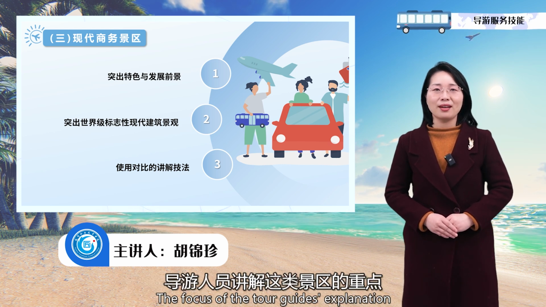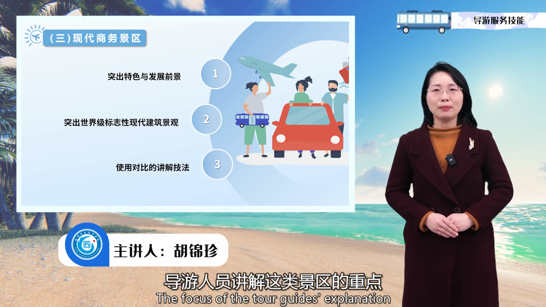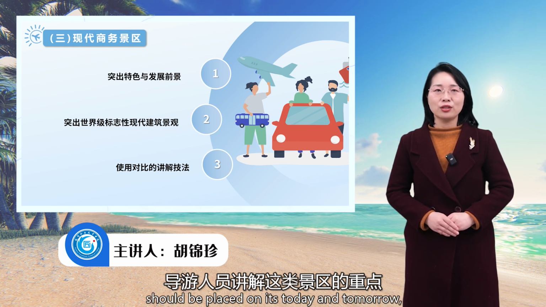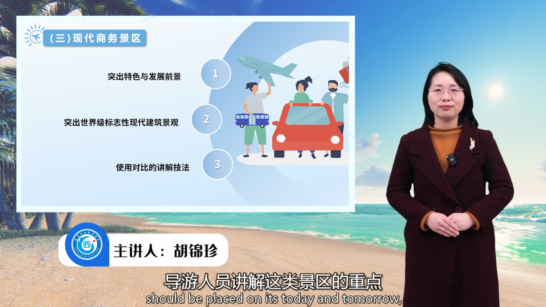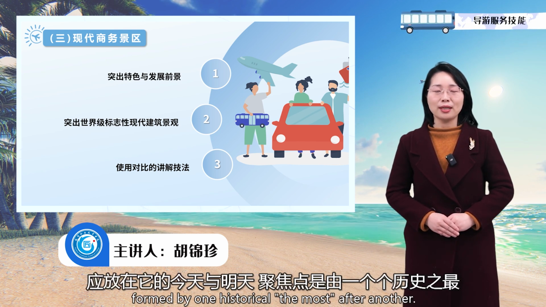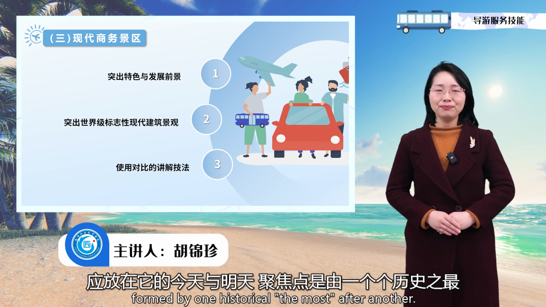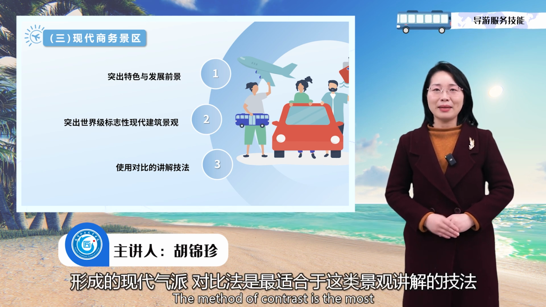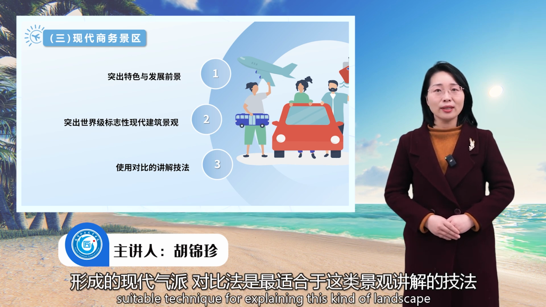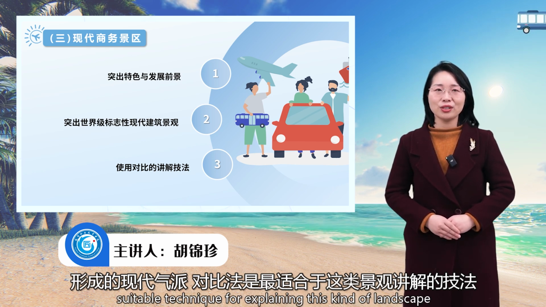The focus of the tour guide's explanation of such scenic areas should be placed on its today and tomorrow. The method of contrast is the most suitable technique for explaining this kind of landscape.